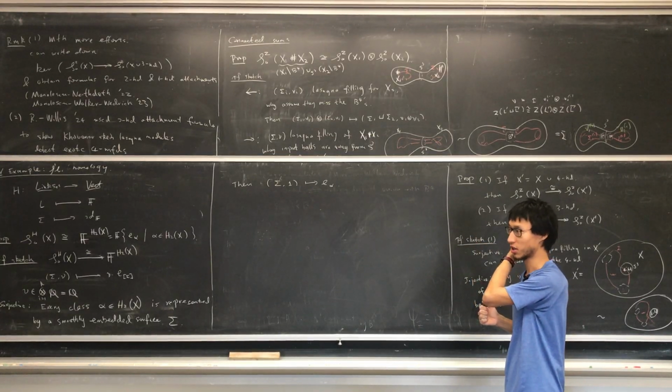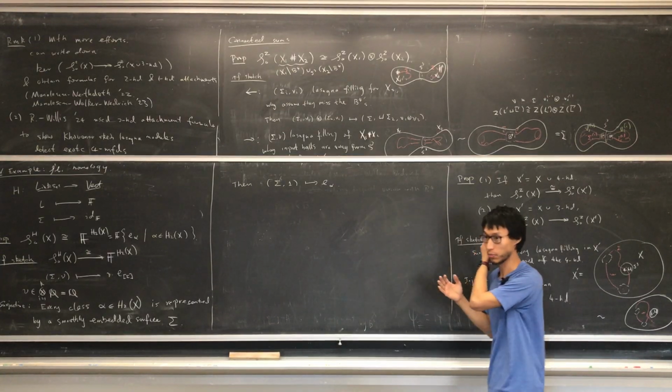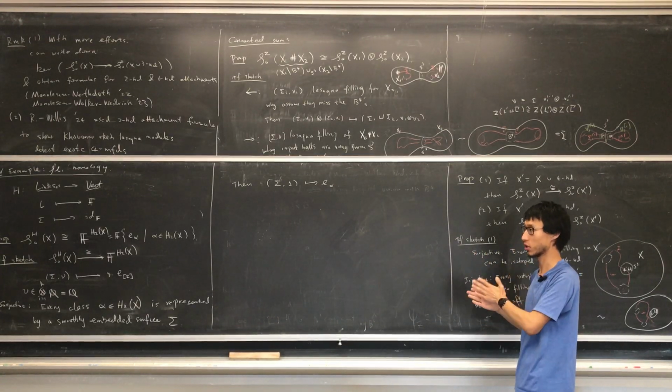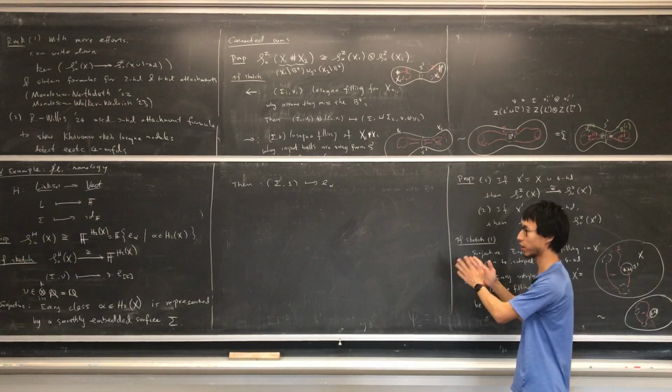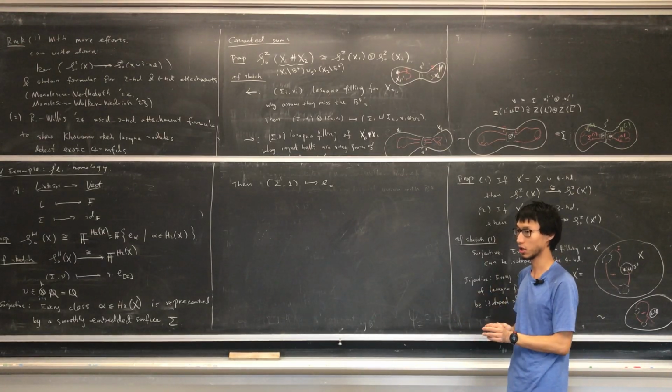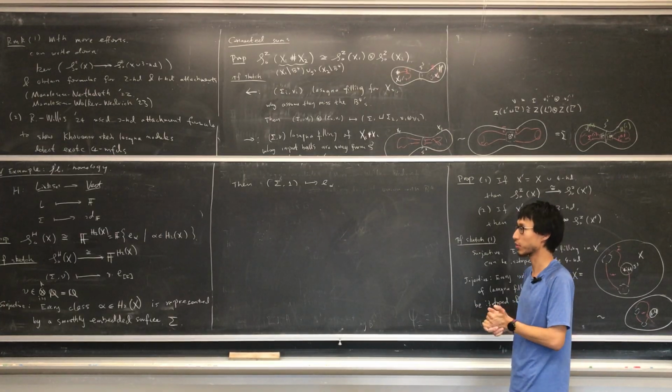I want to argue that this invariant is good in the sense that we can actually do some calculations for some four-manifolds, but not yet for every four-manifold. I think that would be too much to ask.